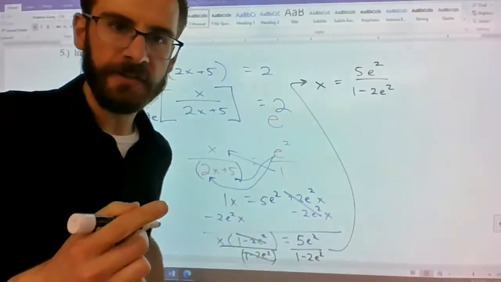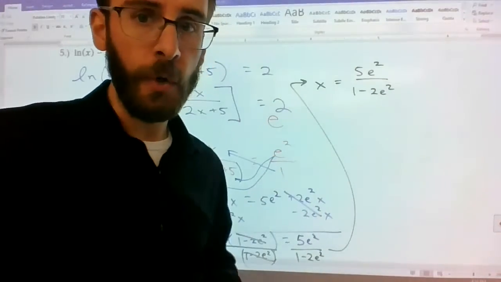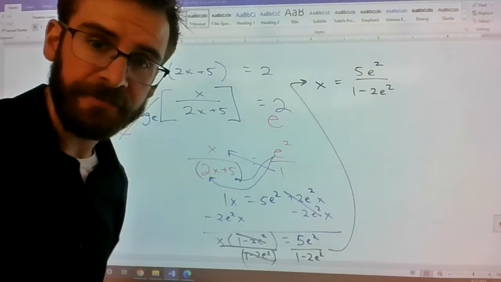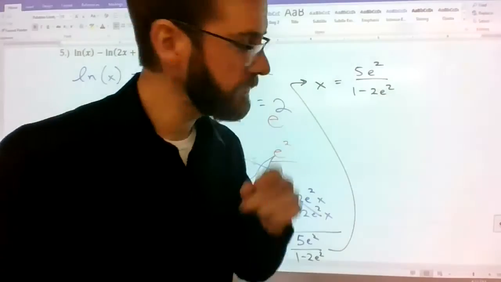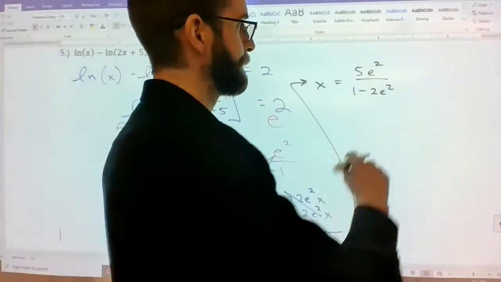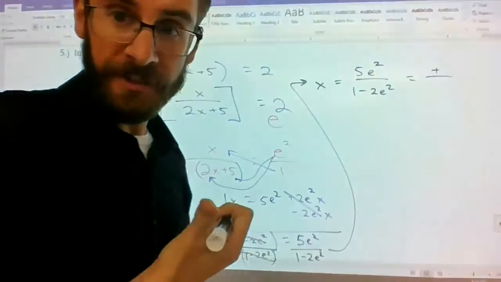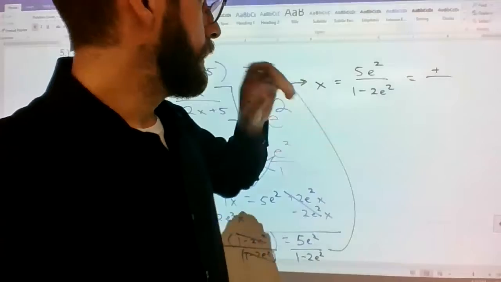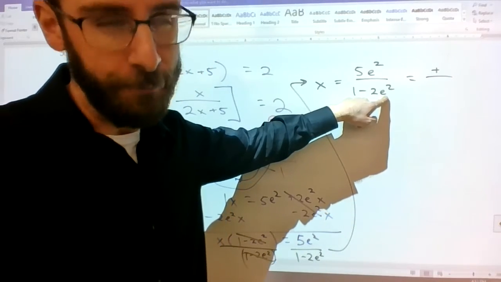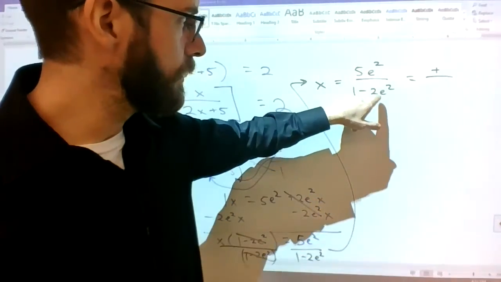Now let's think about this. If it's a negative number, then that solution's no good. I think it's a negative. Here's why. 5 times e squared. E squared's a positive number, right? Well, 5's a positive number too. So the top has to be positive. E squared's probably somewhere around 8 or 9-ish.